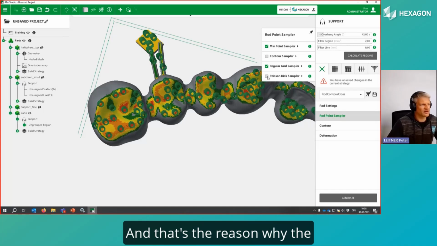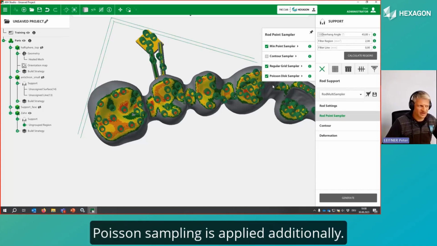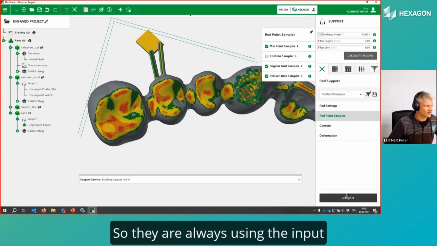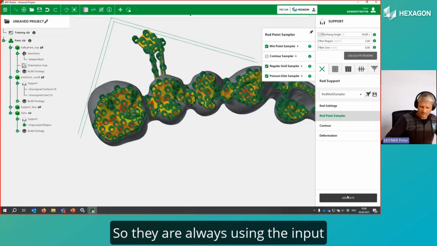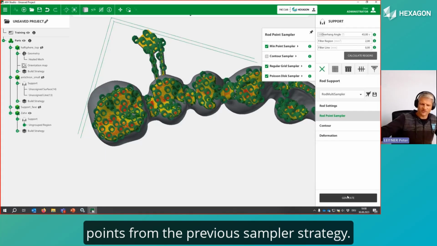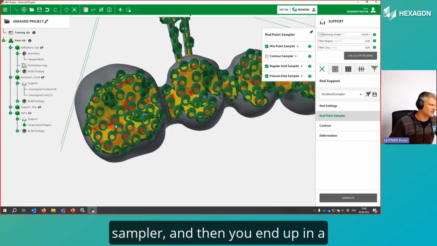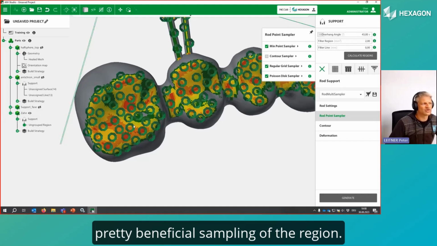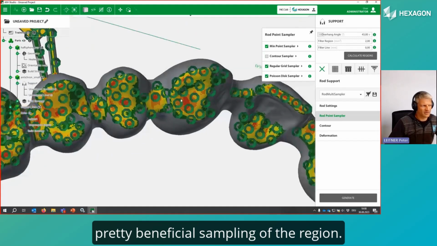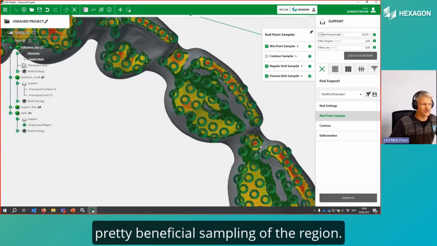That's the reason why the Poisson sampling is applied additionally. They are always using the input points from the previous sampler strategy. So the workflow is mean point, regular grid, Poisson sampler. And then you end up with a pretty beneficial sampling of the region.